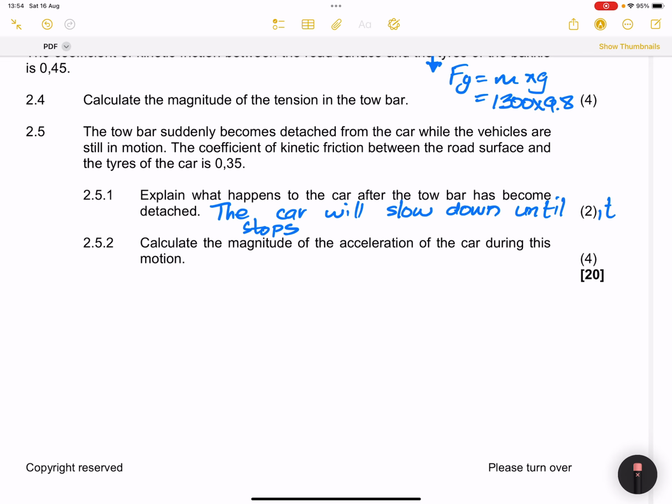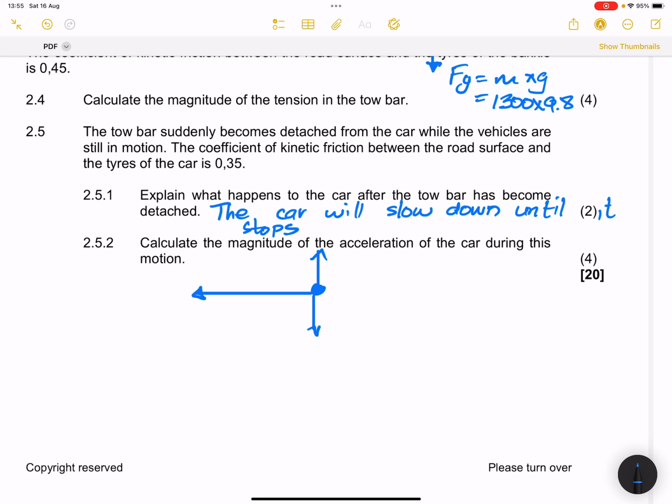So when we look at the car, what are the forces that are acting on the car? It would be friction opposing, the normal force, as well as gravitational force. Sorry about those smaller forces, I don't have as much space.